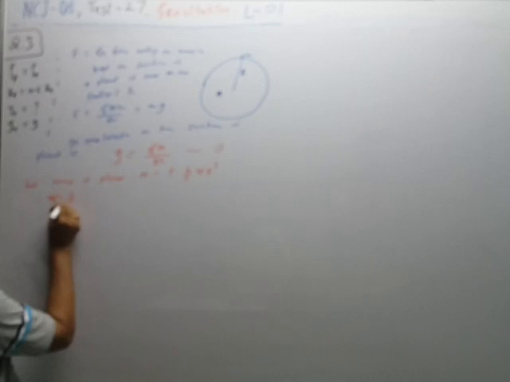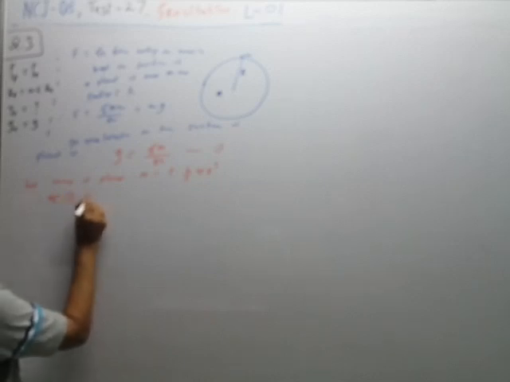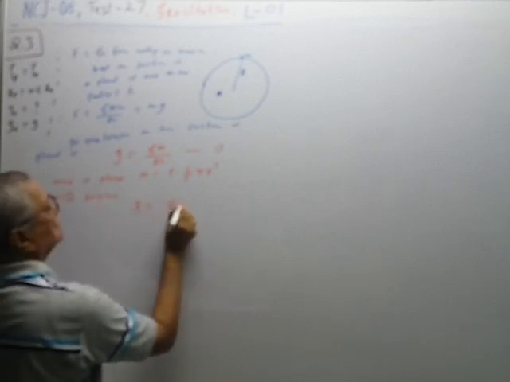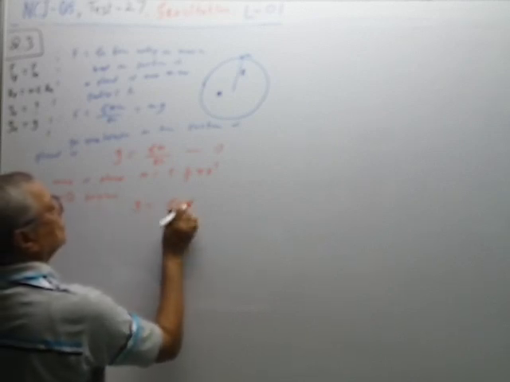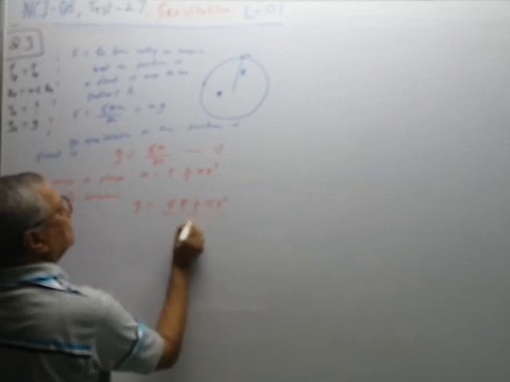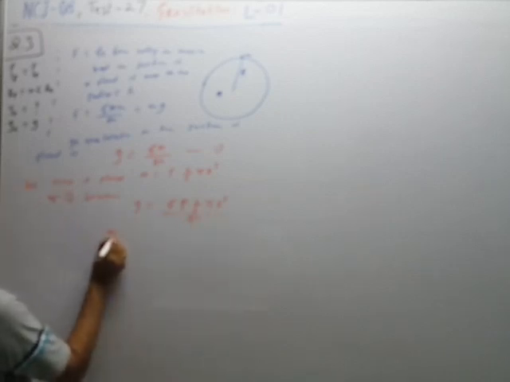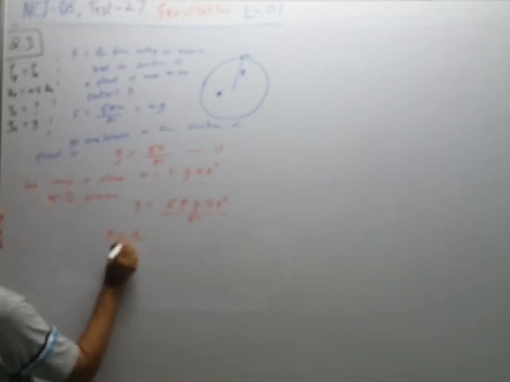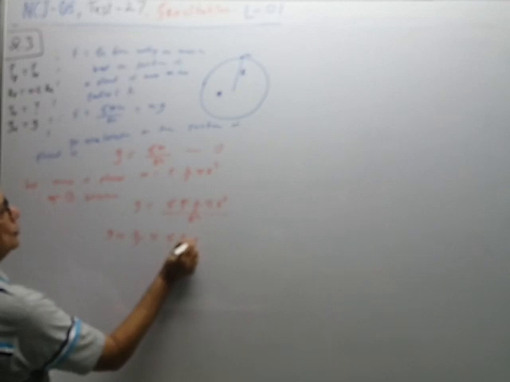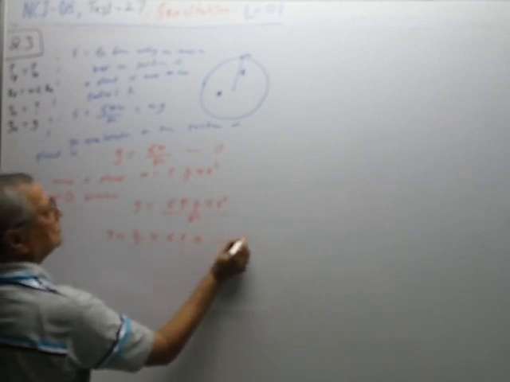Therefore, equation 1 becomes g is equal to G into rho 4/3 pi R cube upon R square, and therefore g is equal to 4/3 pi G rho R. This is equation 2.